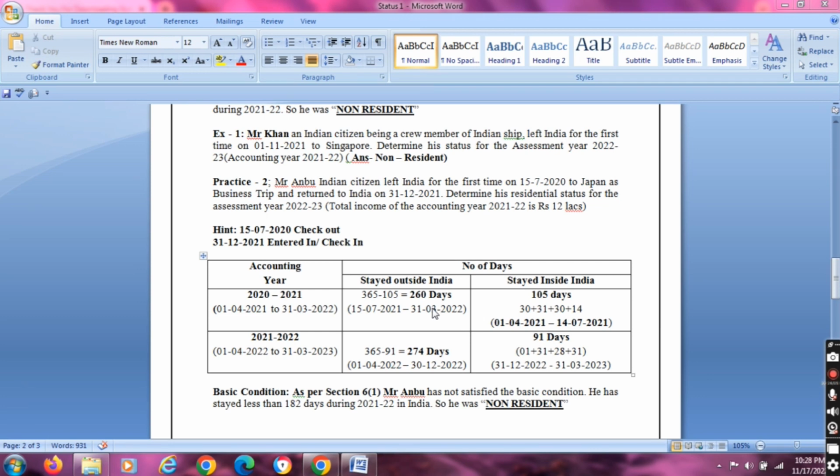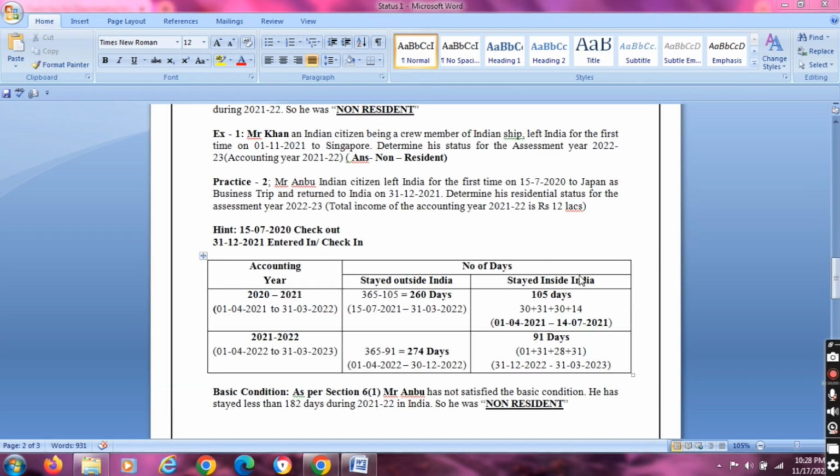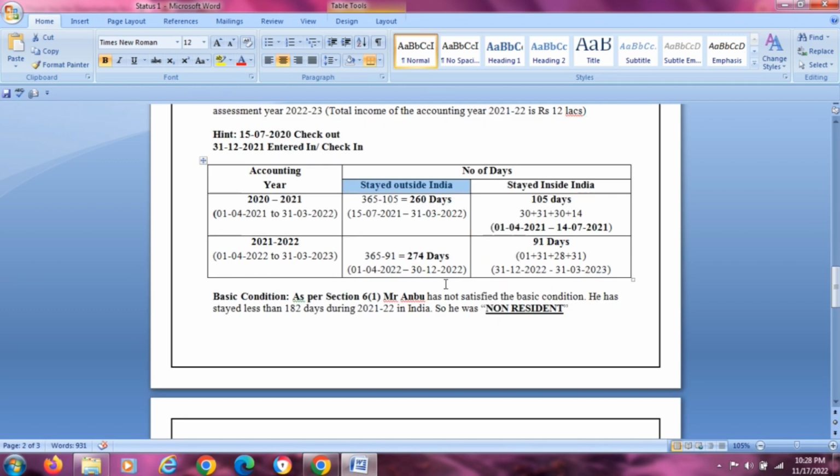He stayed in India only 105 days in 2020-21, and during 21-22 he stayed only 91 days. So, as per section 6 subsection 1, Mr. Anbu has not satisfied the basic condition. He has stayed less than 182 days in India during 2021-22. So, he was non-resident.